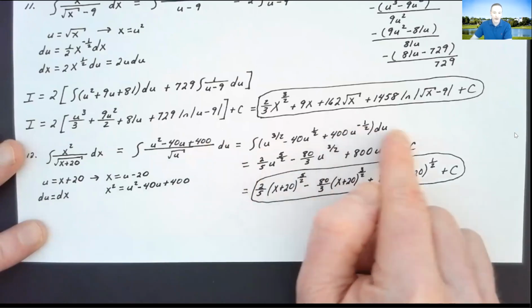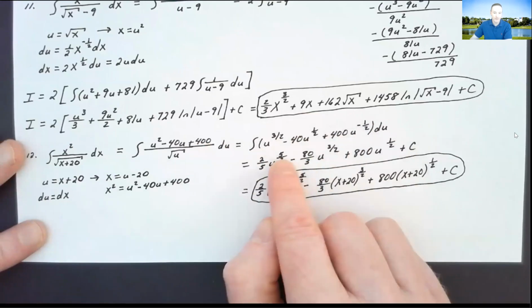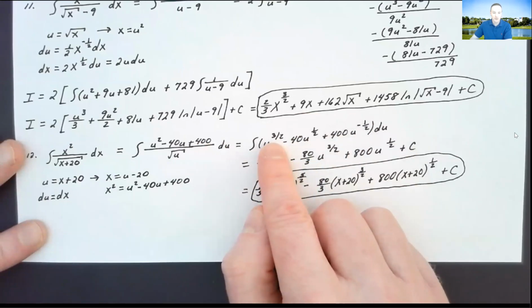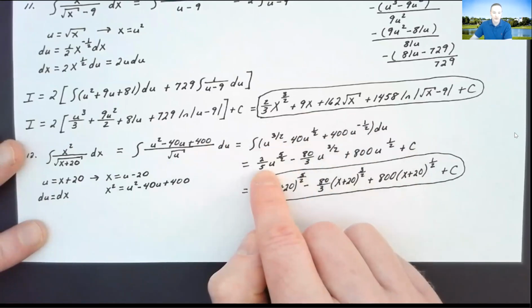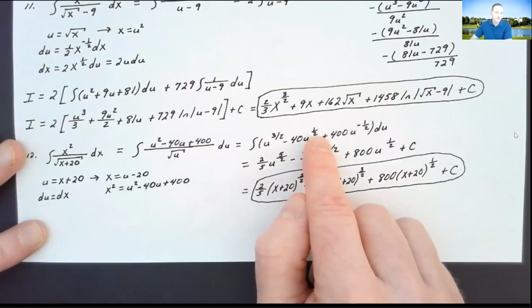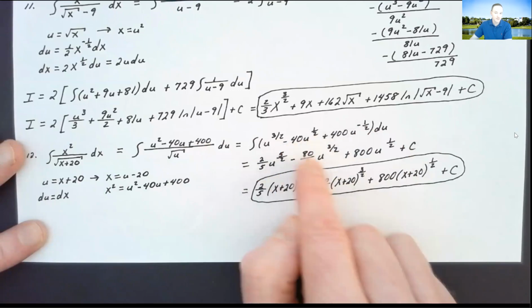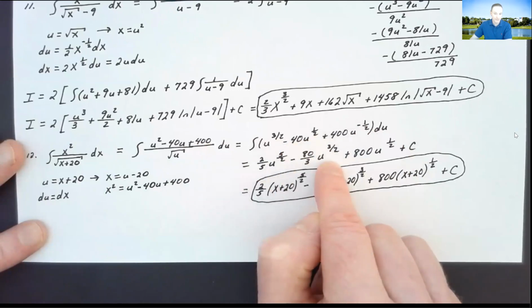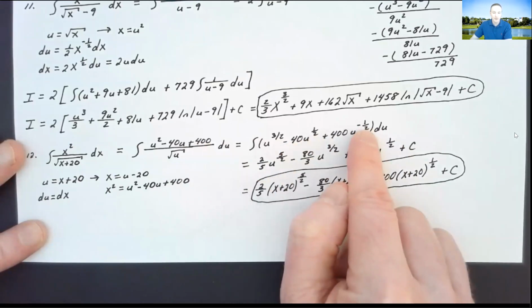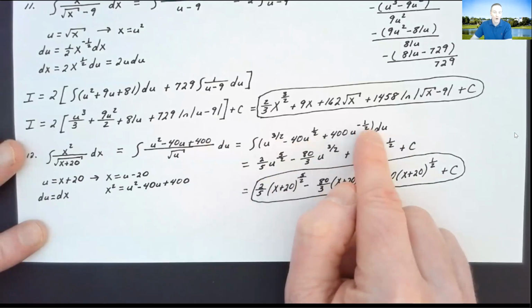Now that you have all fractional exponents, you can integrate with the power rule. The first one becomes u to the 5/2 times 2/5. The second one, you're going to have u to the 3/2 times 2/3. 2/3 times 40 gives me the 80/3 out in front. The last one, that u is going to go to the 1/2 power.